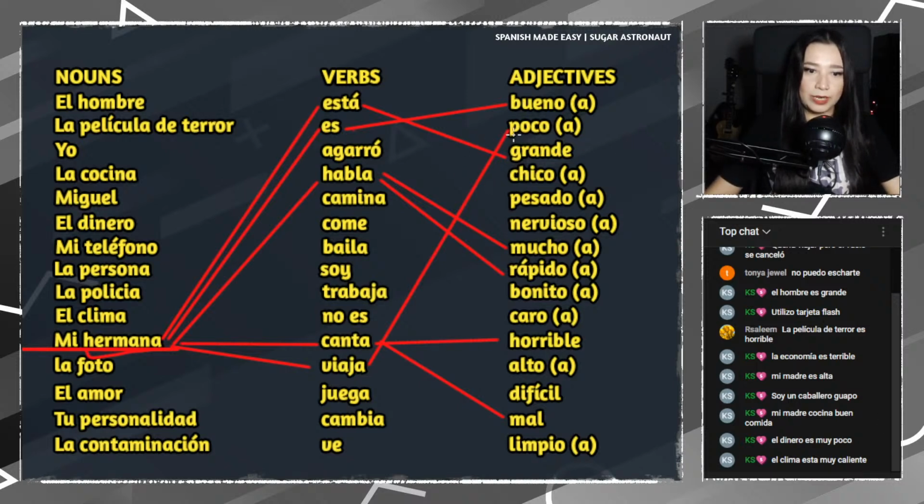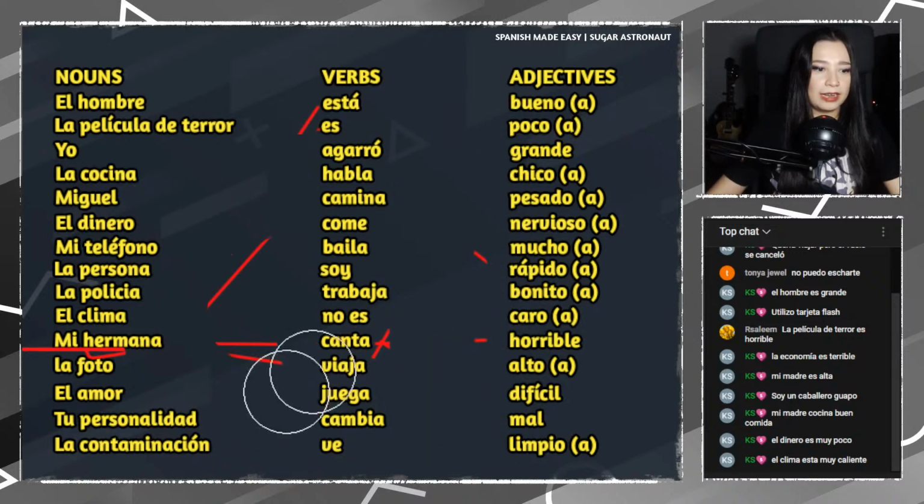In that situation, we need to say poco, not poca, because we're talking about the action, about traveling, not specifically or only about your sister. I know it can be confusing, but most of the time you need to match the grammatical gender of both nouns and adjectives in a sentence, okay? There are exceptions for sure.